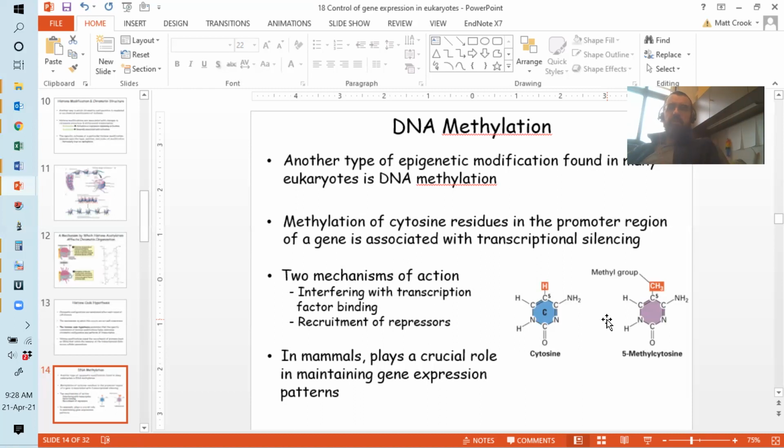And so those repressors come in and typically prevent the binding of transcription factors, which would activate expression. So this is a whole process specifically in the promoters, right? It happens predominantly in the promoters of genes that will transcriptionally silence a gene, even if the signals to turn on that gene are present.